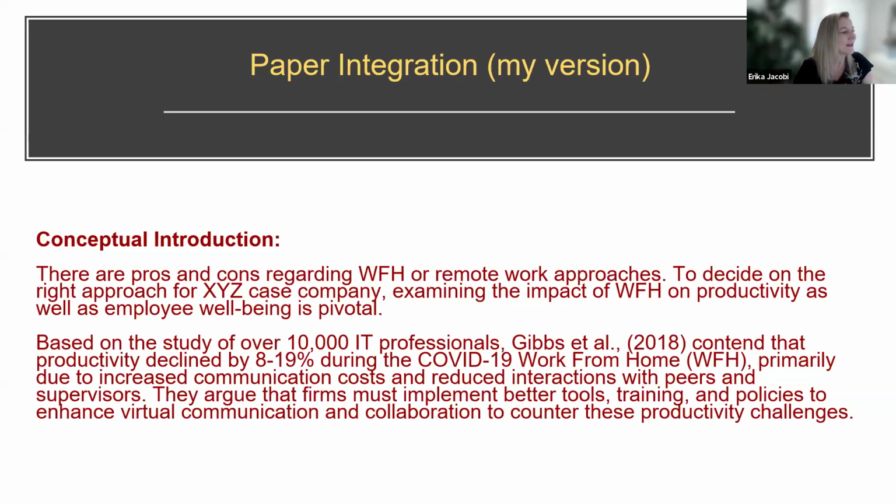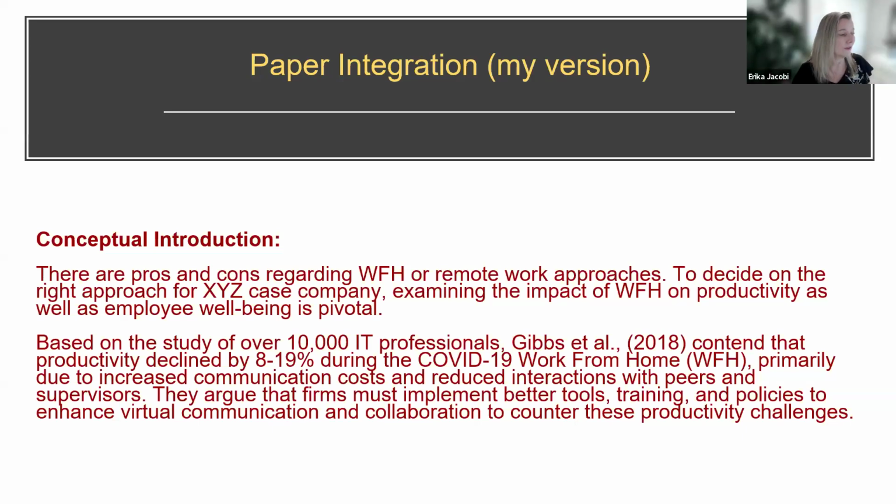And then I say, based on the study of over 10,000 IT professionals, Gibbs et al., here comes your in-text reference, and there is a little mistake in there, 1 comma too many before the brackets. Sorry, I'm going to correct that. Contend that productivity declined by 8 to 19% during the COVID-19 work from home, primarily due to increased communication costs and reduced interaction with peers and supervisors.